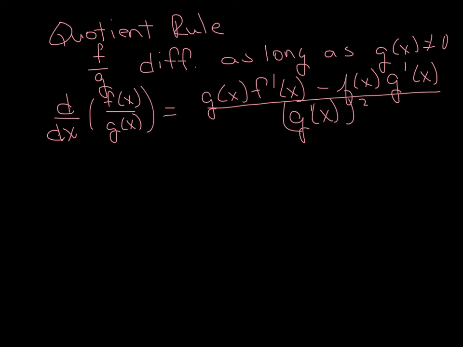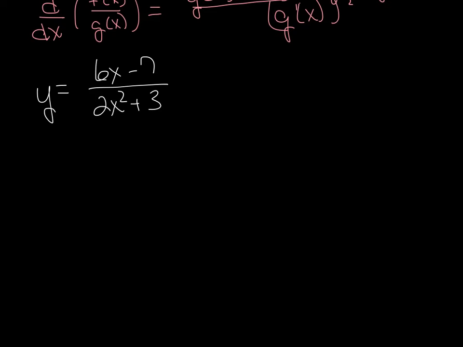All right, so let's look at y equals 6x minus 7 divided by 2x squared plus 3. And we want to take the derivative of this function.